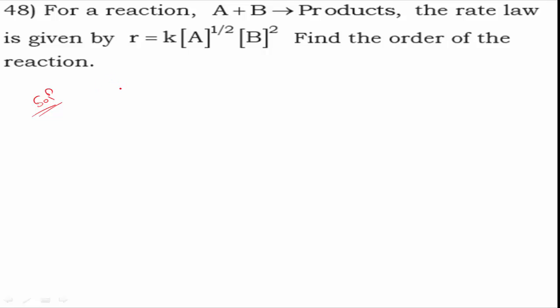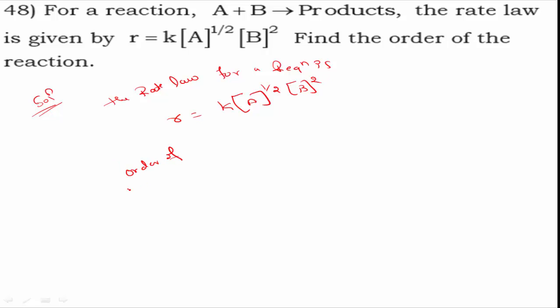We know the rate law for a reaction is R equal to K, concentration of A to the power 1 by 2, B to the power 2. Then the order of the reaction is equal to 1 by 2 plus 2, which is 5 by 2.